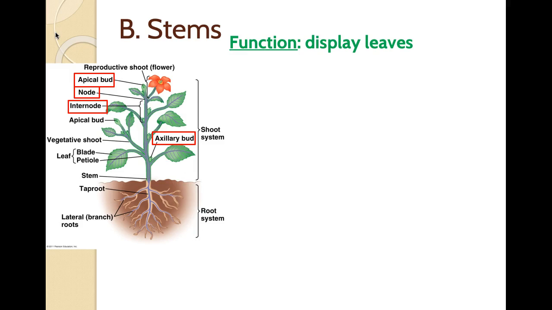Now, in the stem system, there are several parts that you will need to know, so I would recommend that you study the diagram on the left, and it's on page 577 of your textbook. So please review that diagram as you see to the left. I'm going to focus on two of the buds in this diagram in the stem organ system.